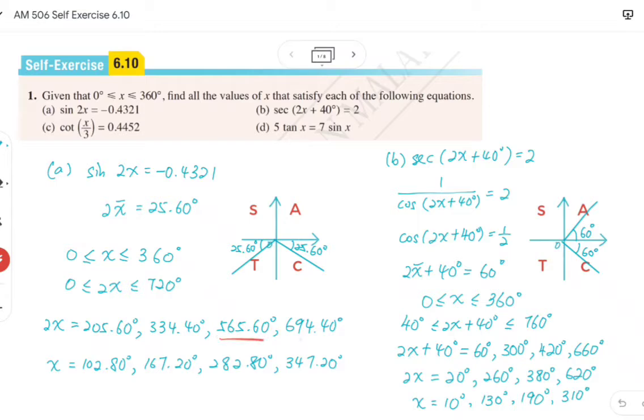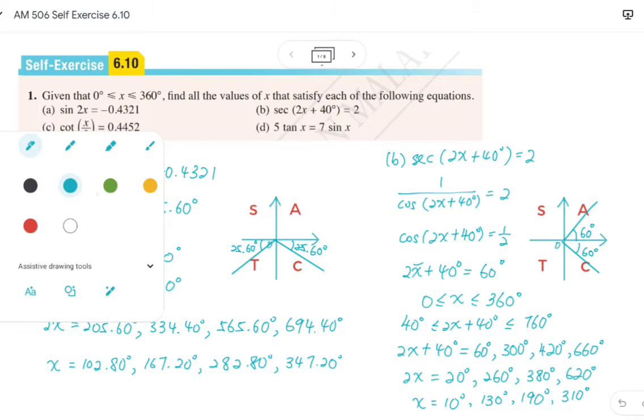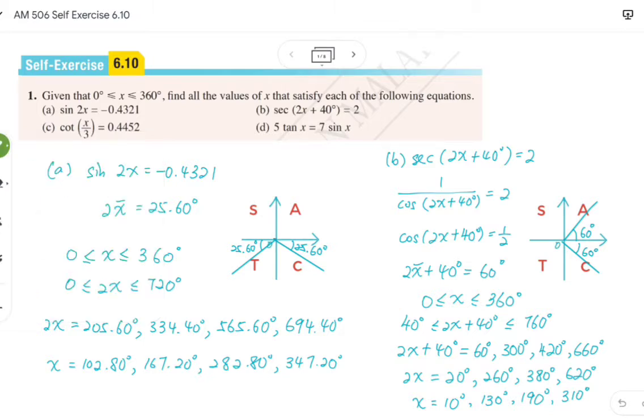The third angle will be starting from the positive x-axis, then turning anti-clockwise for the second round.